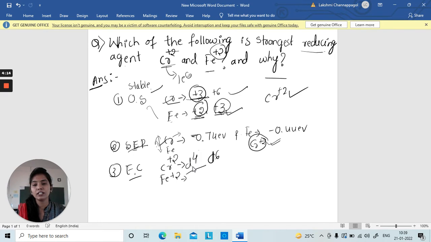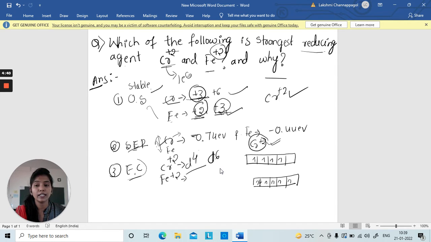Then coming to the electronic configuration, you can see here the 5 d orbitals. Chromium has 4 electrons, and Fe has 6 electrons, like this: 2, 3, 4, 5 and 6, pairing of electrons.